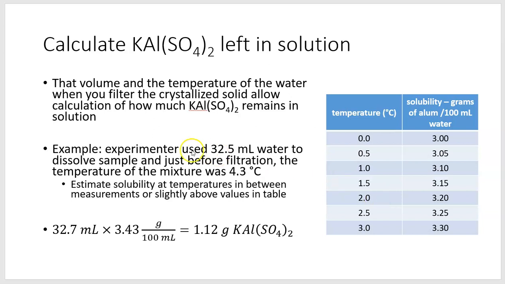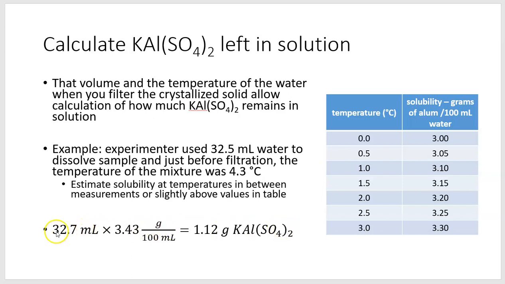So if we say we use 32.5 milliliters of water and the water was 4.3 degrees, we're going to say the solubility of alum in 100 milliliters of water should be about 3.43. This is probably a little bit of an estimate, but it's a good estimate, so we might as well use it.